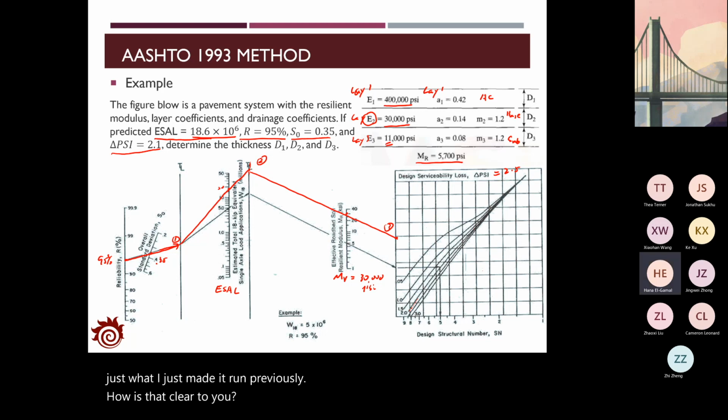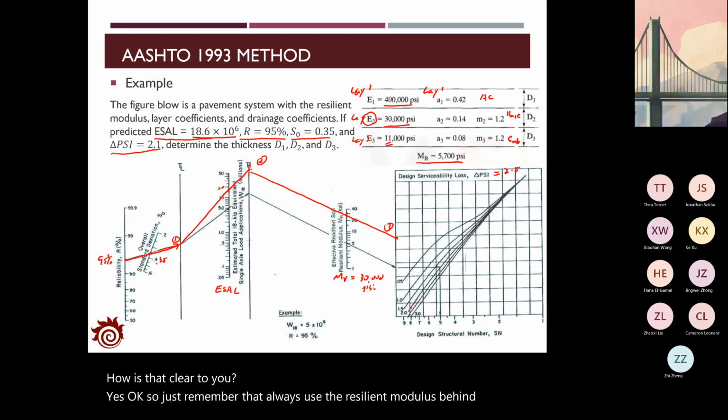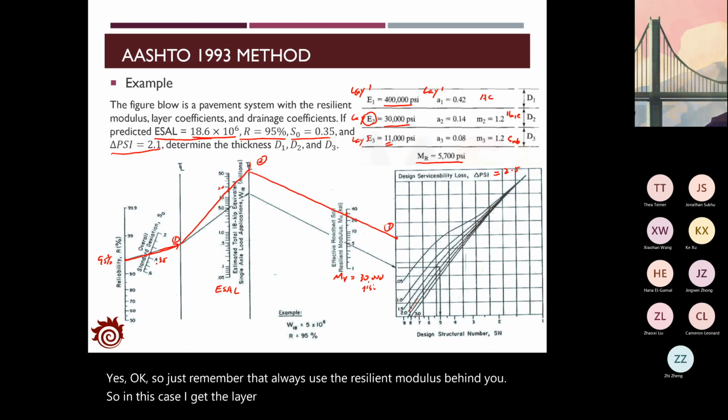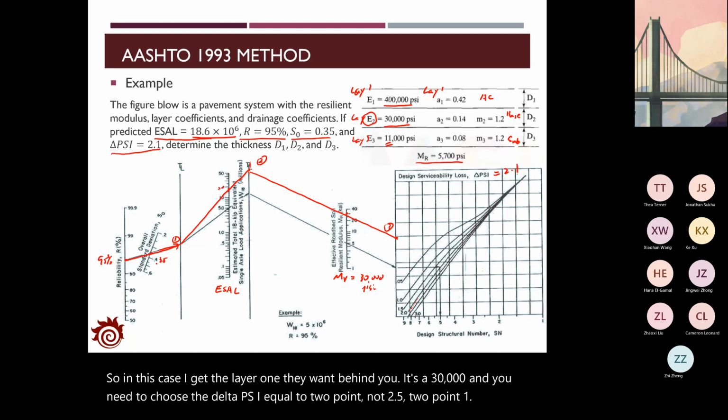Yes, thank you. Okay. So just remember to always use the resilient modulus behind you. In this case, for layer 1, the one behind you is 30,000, and you need to choose the delta PSI equal to 2.1 as specified.